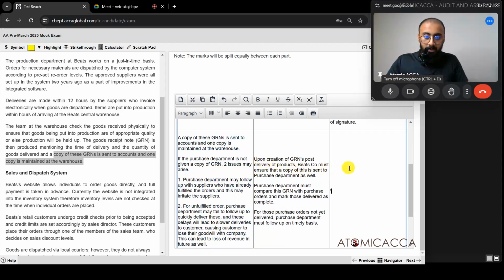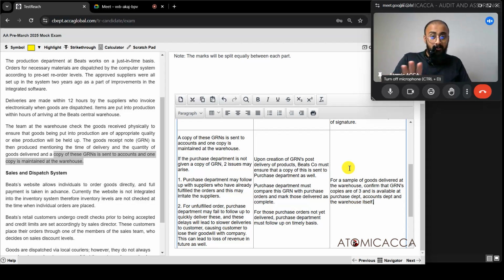So for a sample of goods delivered at the warehouse, confirm that GRN copies are of three and are available at purchase department, accounts department, and the warehouse itself.